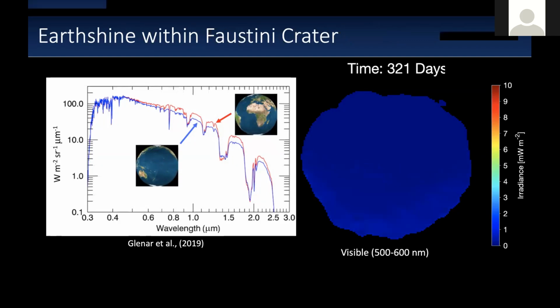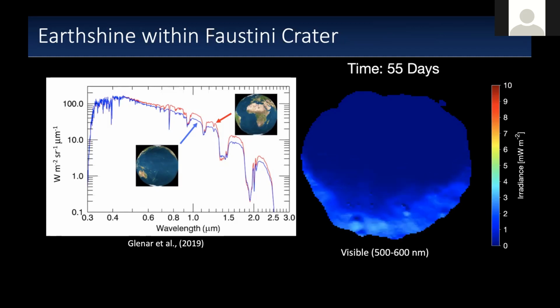So we essentially took the data from Glenner 2019 and used it to map the earthshine into the PSRs on the moon. You can see that in comparison to the scattered sunlight, the magnitude of earthshine is reduced fairly significantly.